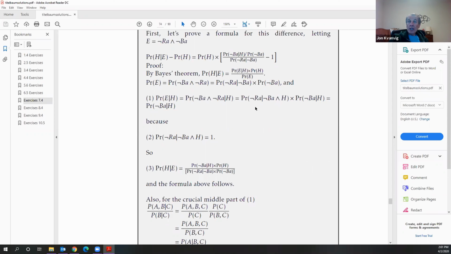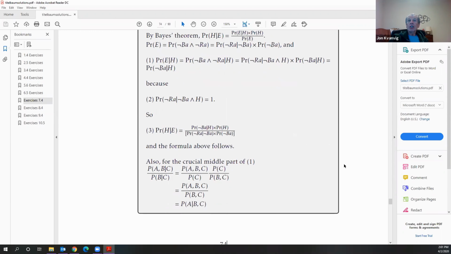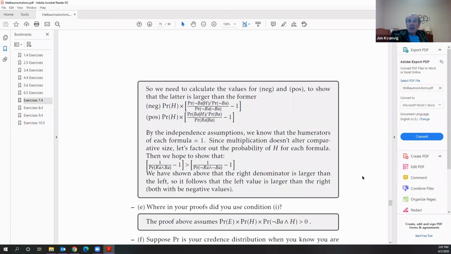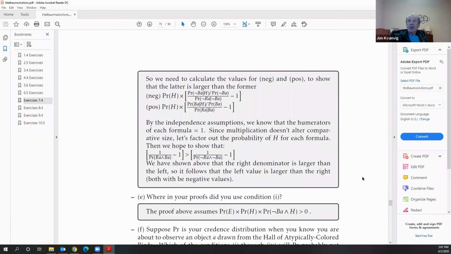But once you see how this proof works, then we just need to apply the results of that for neg and positive to show that the latter is larger than the former. So the probability for the non-black neg is non-black non-raven, positive is black raven.